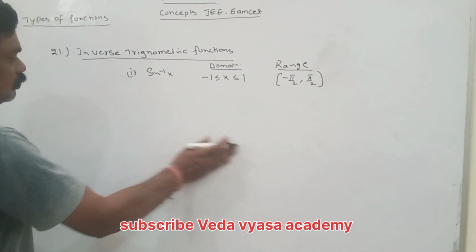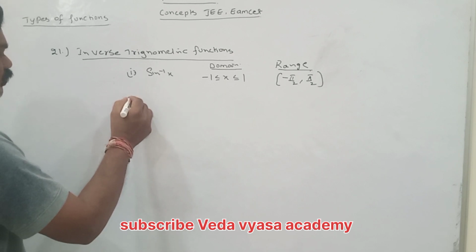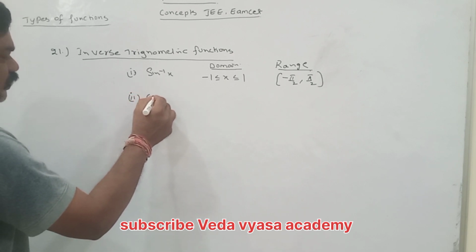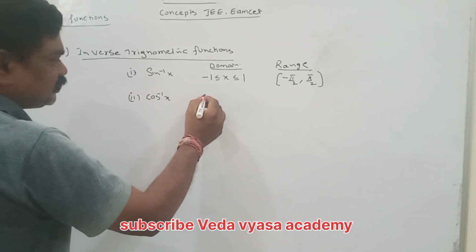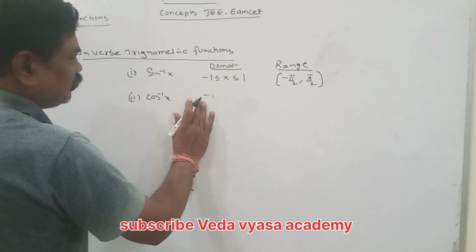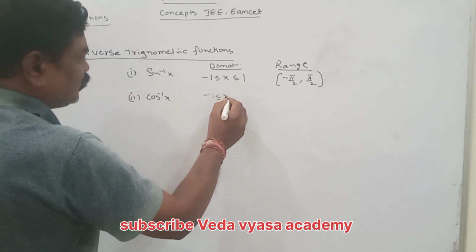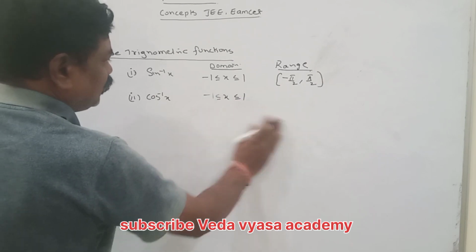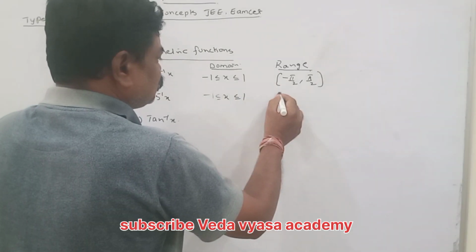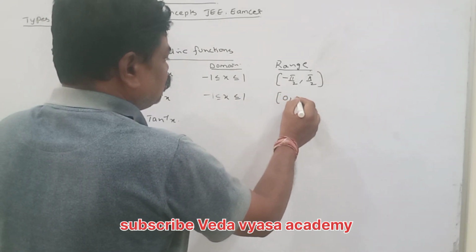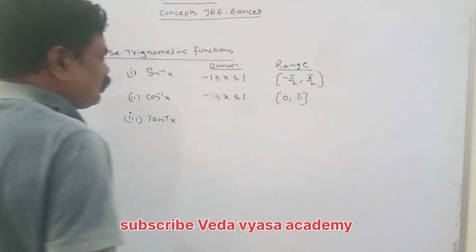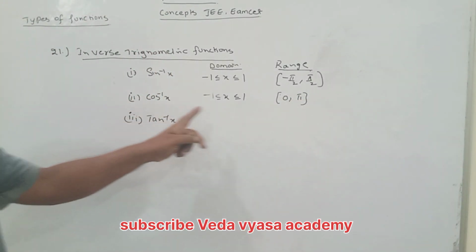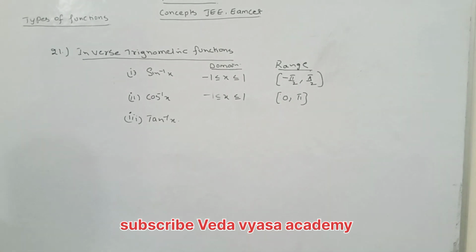Second one, cos inverse x. The domain is minus 1 less than or equal to x less than or equal to 1, and the range is 0 to pi.